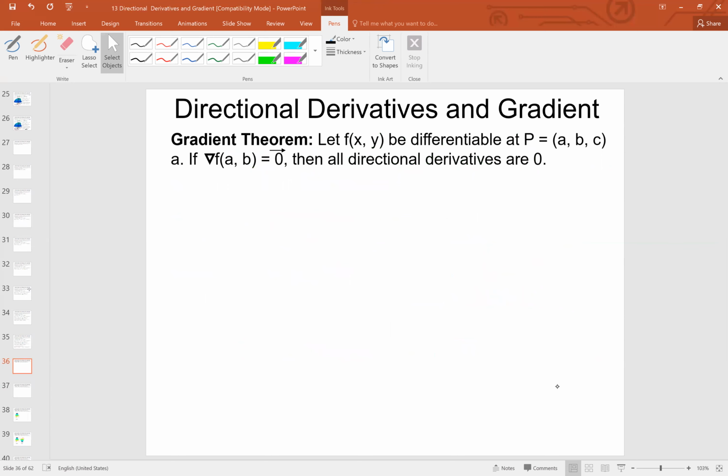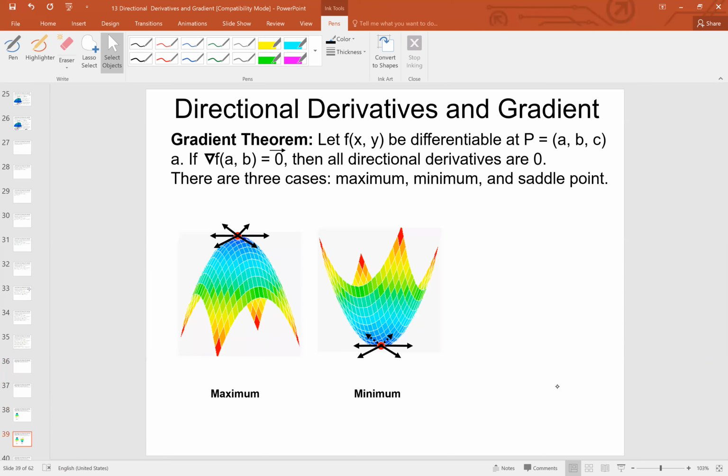Okay. An important fact about gradients: if the gradient is 0, that's what we have at the maximum and saddle points. That's basically saying the partial x is 0, partial y is 0. That means you are at critical points.